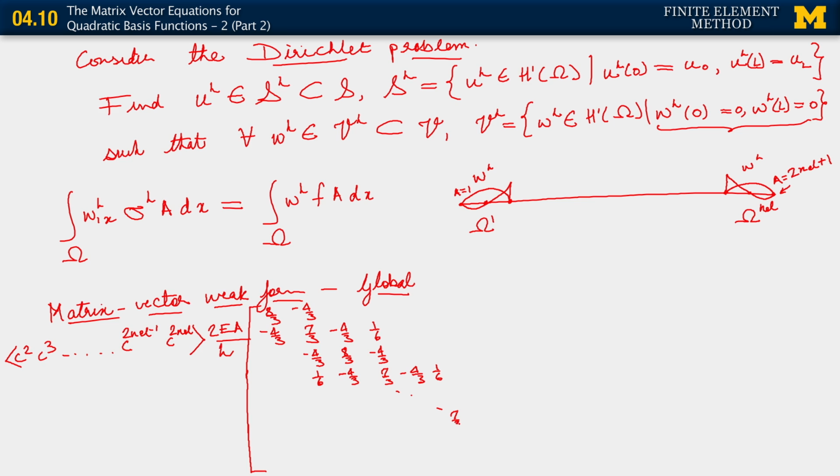get 7 over 3, minus 4 over 3, 1 over 6, okay, and here we get minus 4 over 3, 8 over 3, okay, and, sorry, not 1 over 6, it's minus 4 over 3.